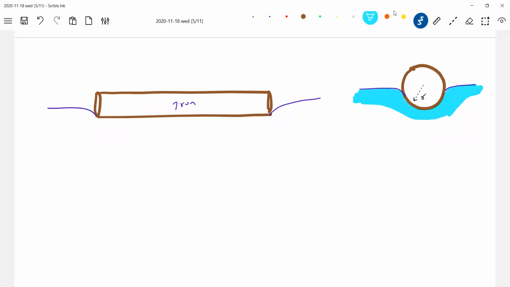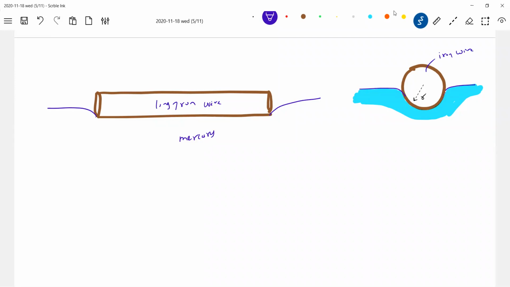This iron wire can float here. It is a long iron wire. I'm showing the length as limited, but it can be long, even 1 kilometer.